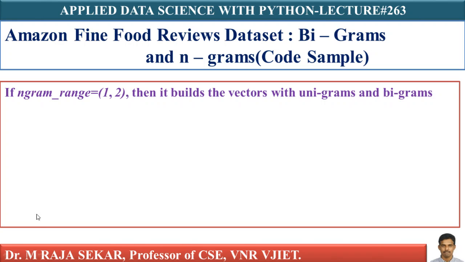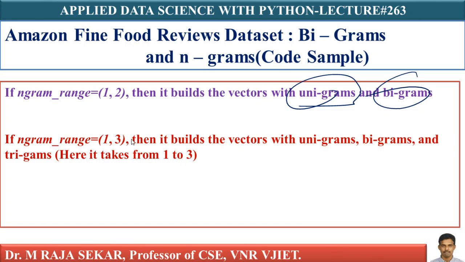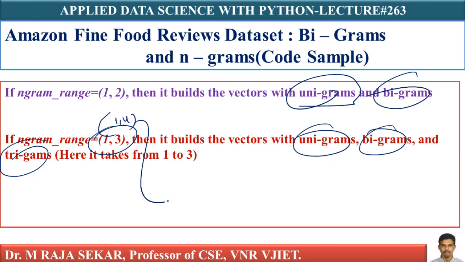What about 1, 2? This also I discussed. You will get unigrams, you will also get bigrams. If I say 1, 3, what does it mean? 1, 3 means you will get unigrams, bigrams, and even trigrams. If I say 1, 4, you will get unigrams, bigrams, trigrams, and 4-grams.